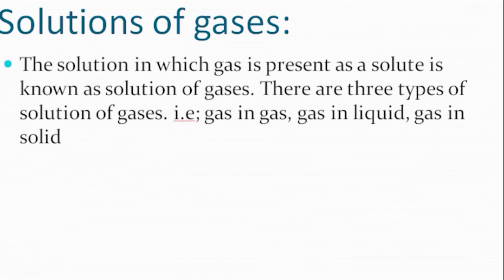Similarly, you can take the example of ammonia, that is a solution of nitrogen and hydrogen, and when ammonia and carbon dioxide are mixed together, they form urea, a fertilizer.